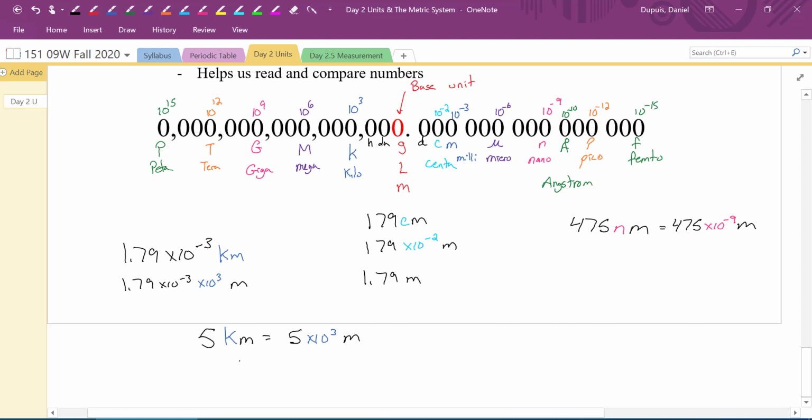All right, and so all that metric system is these prefixes that help us compare numbers, because we like to compare numbers between 1 and 1,000. Very easy for us to do. 400 is bigger than 200, right? 45 is a bigger number than 7.